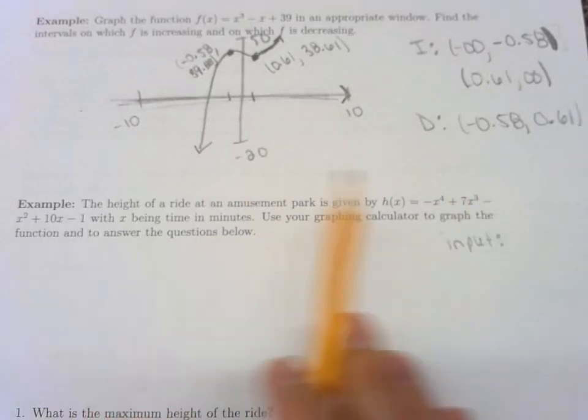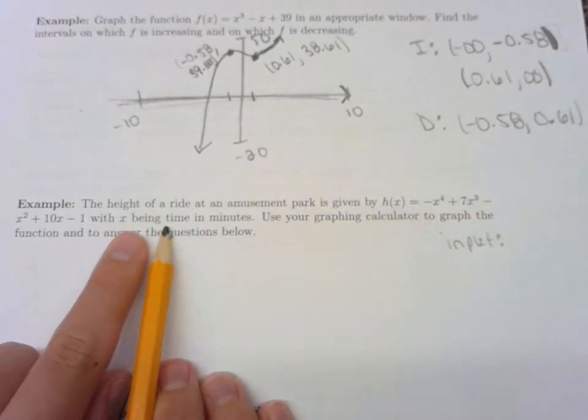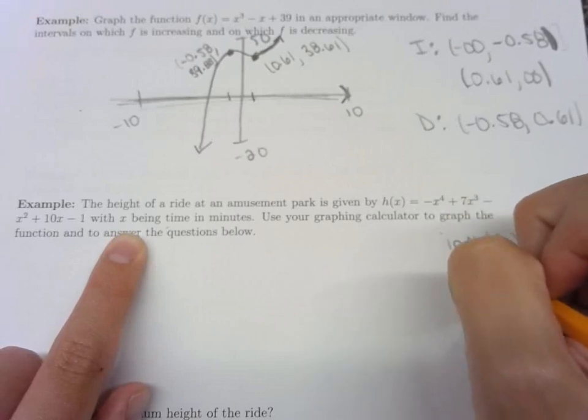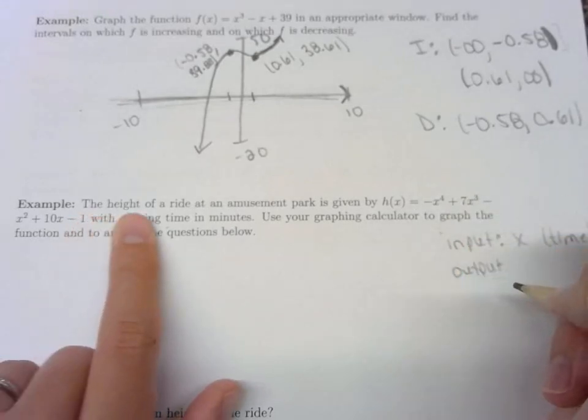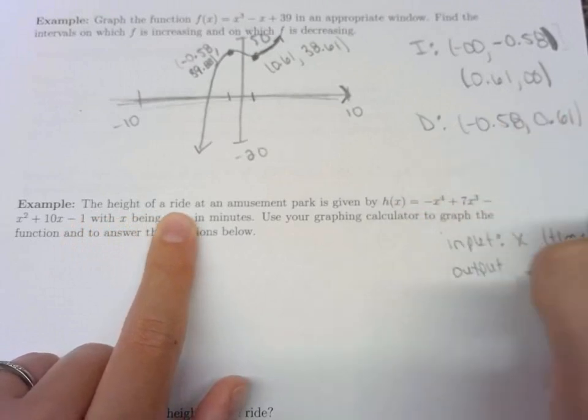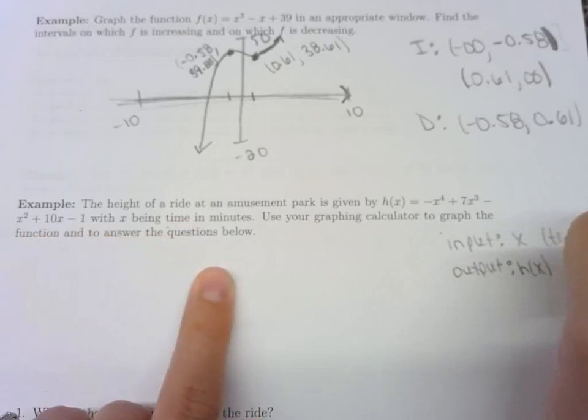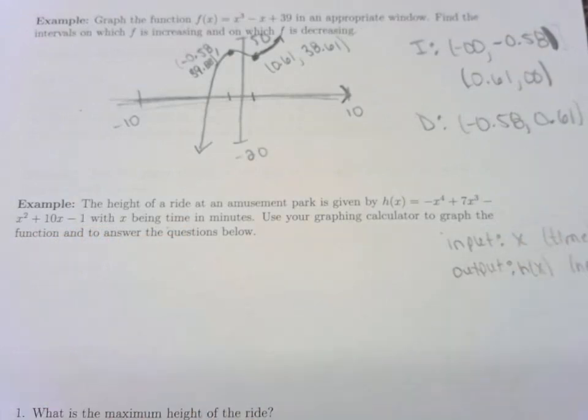Input is an x value where it says x is time in minutes. So input is x and this is time in minutes. Your output, it says the height of a ride. So this would be h of x. It doesn't say what our unit is, so I'm just going to put height here. It could be feet, meters, I'm not really sure. It doesn't say, does it?